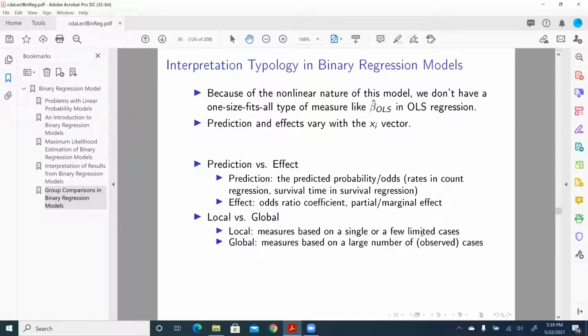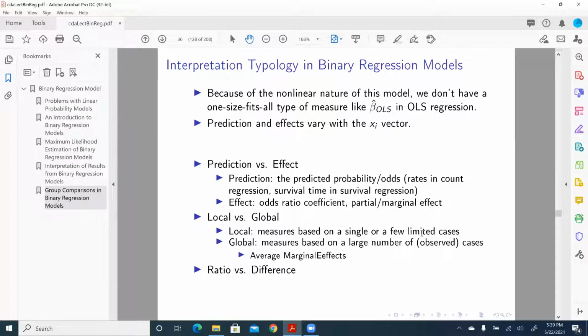Sometimes it's based on all cases in the estimation sample, sometimes half, and sometimes these statistics are based on cases for some subgroups in the estimation sample. For example, the average marginal effect.